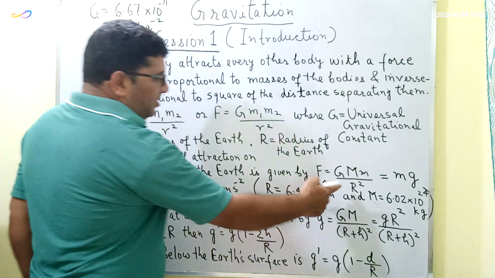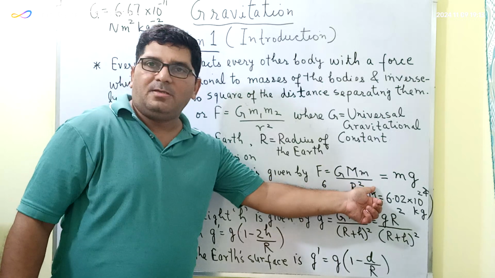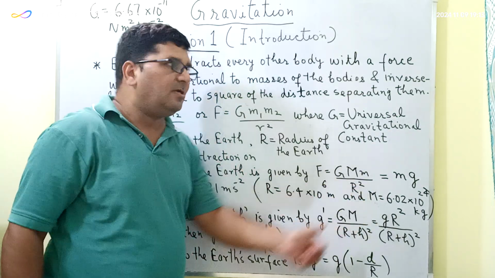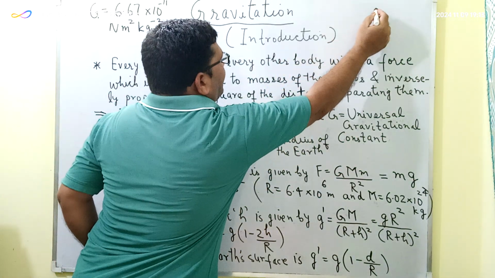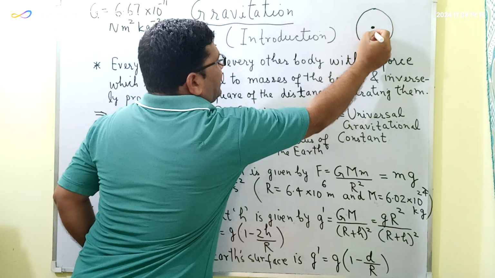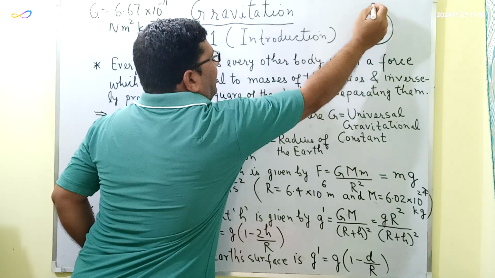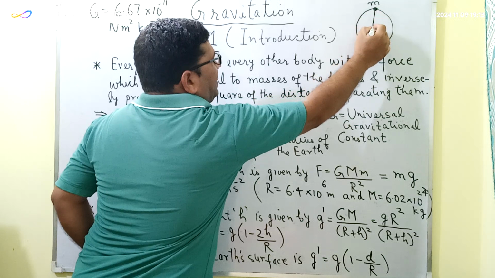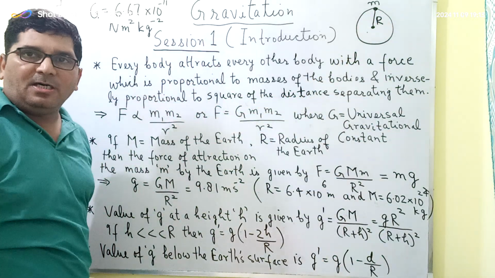Now here the distance between the body of mass m and the earth has been taken as capital R, which is the radius of the earth, because the mass of the earth is supposed to be concentrated at its center. So if the mass of the earth is supposed to be considered at this point, let us say this is the center and this is the body of mass small m, then the distance between these two bodies will be equal to the radius of the earth.